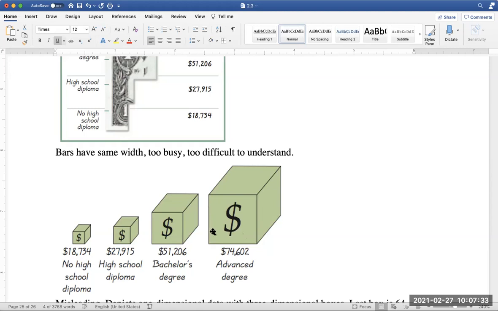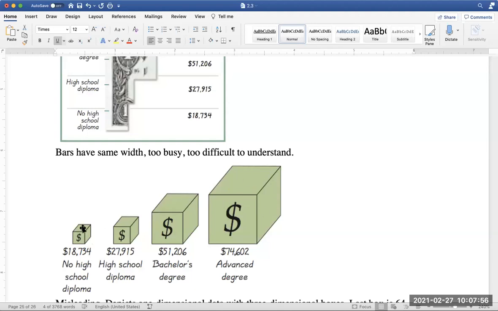So this looks 64 times larger than this box. But this is not 64 times as large as this. So you've distorted your data, because you are depicting something that's one-dimensional by something that's three-dimensional.